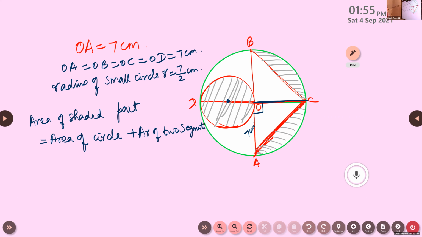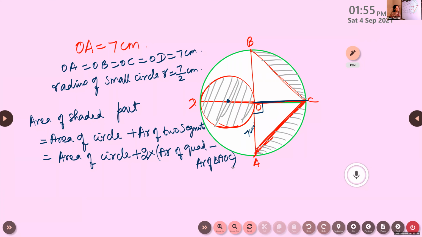Area of 2 segments is 2 into, how will you find the area of the segment? Area of the quadrant AOC minus area of the triangle AOC.